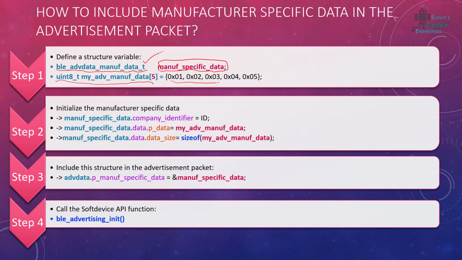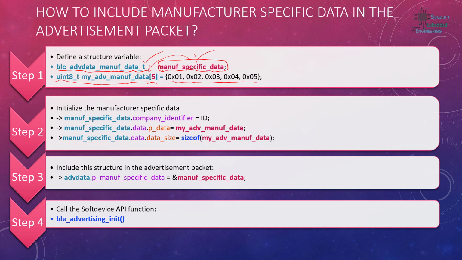For example, if I want to include 5 bytes of data, I would create an array, and the manufacturer specific data will point to this array. So we need to define an array of data which we will be using in our application.